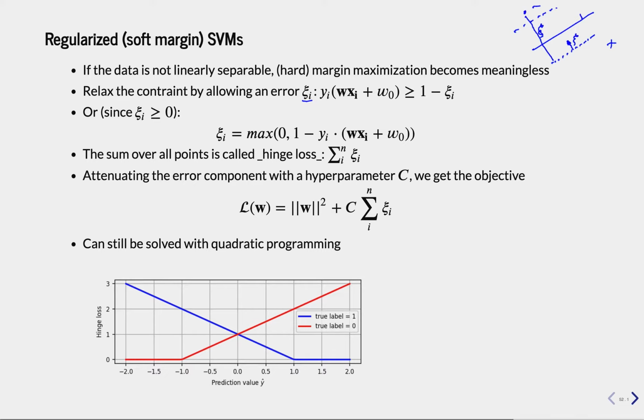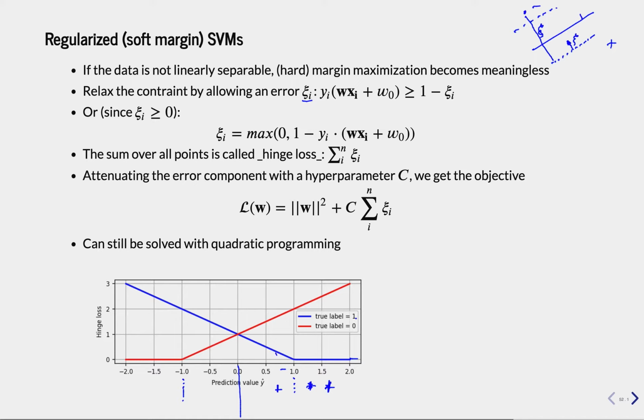If you would write that down, it would look like this. If the true label of a point is 1, we're looking at this blue curve here, and this is the margin. This is the decision boundary. If you're on the right side of the margin, you're fine, and your loss will be 0. If you have a positive point on the wrong side of the margin, you will get a small error.